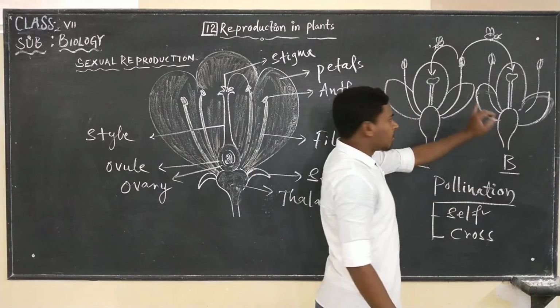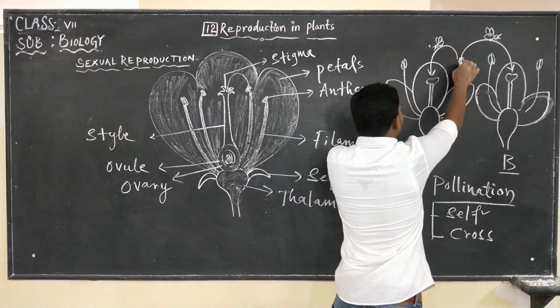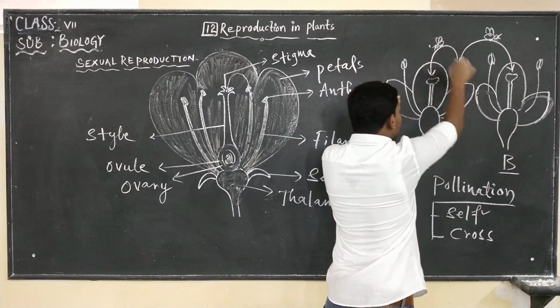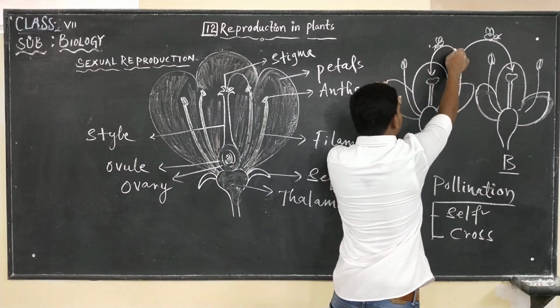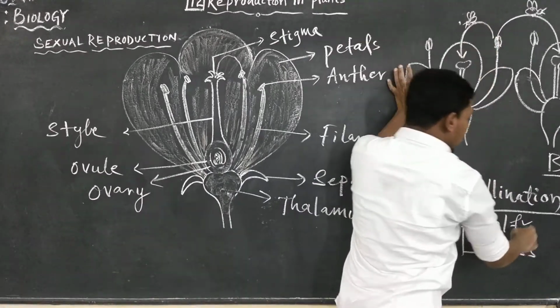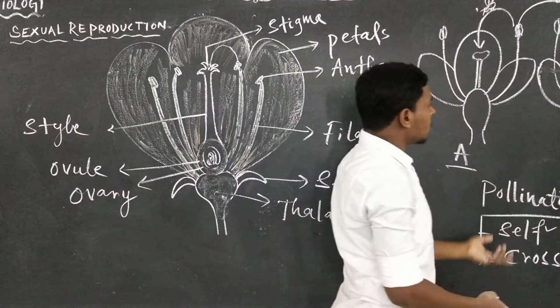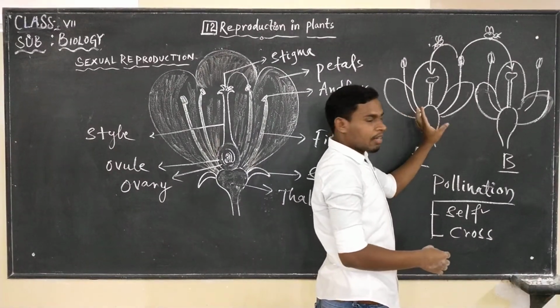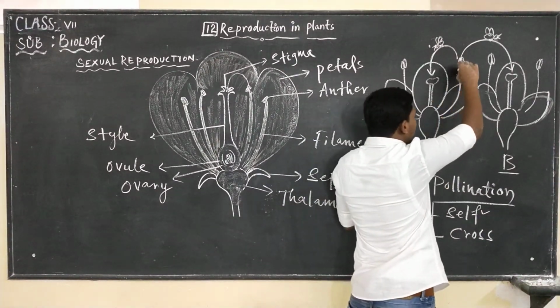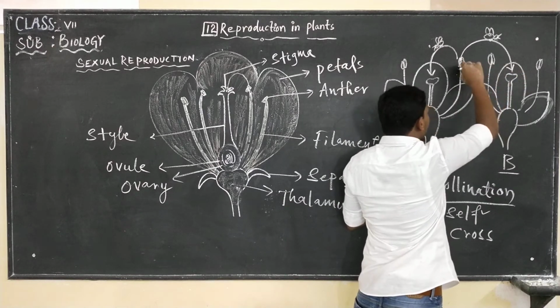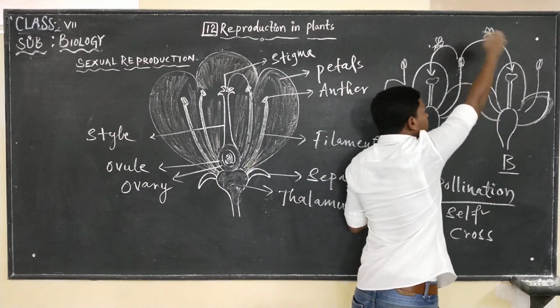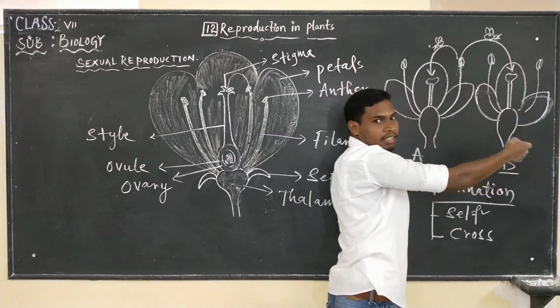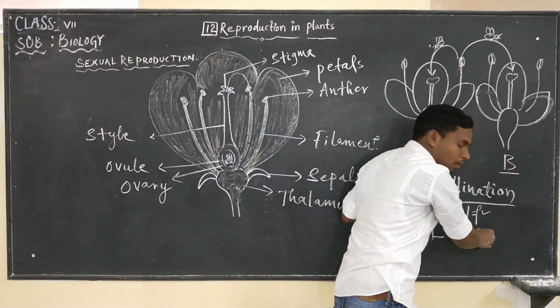Self-pollination is the transfer of pollen grain from anther to stigma of the same flower. What is cross-pollination? The transfer of pollen grain from the anther of one flower to the stigma of another flower is known as cross-pollination.